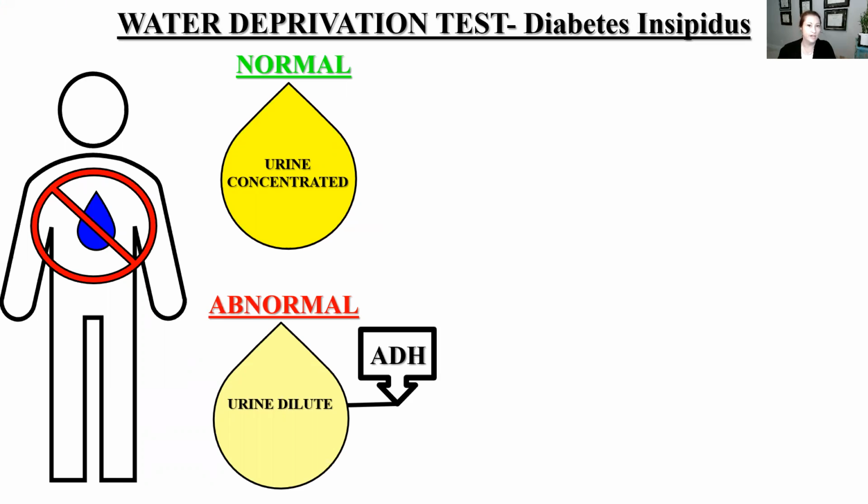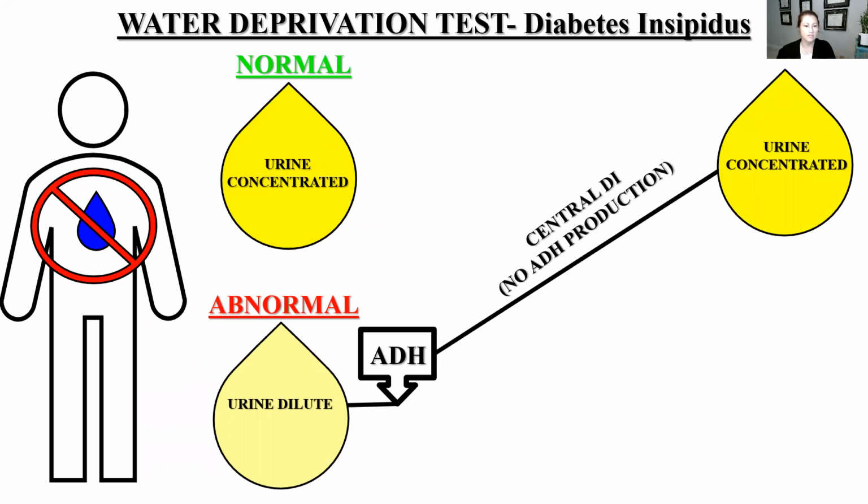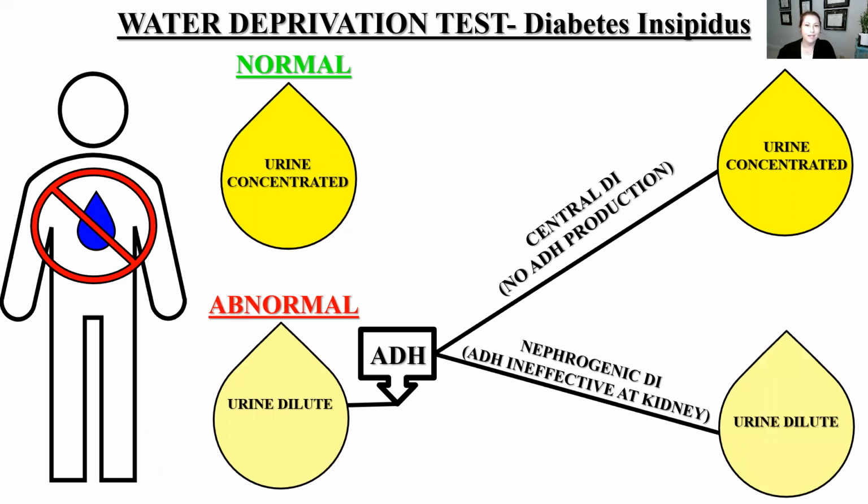Then we're going to give them ADH and see what happens. In central DI, where they don't have any ADH production, now we're replacing what they don't have. Now our urine becomes concentrated. In nephrogenic, it doesn't matter if we give them ADH because the kidneys aren't responding properly to it. So even if you give them ADH, if it's nephrogenic, they'll still have a dilute urine. That's why that water deprivation test helps us to sort that out.